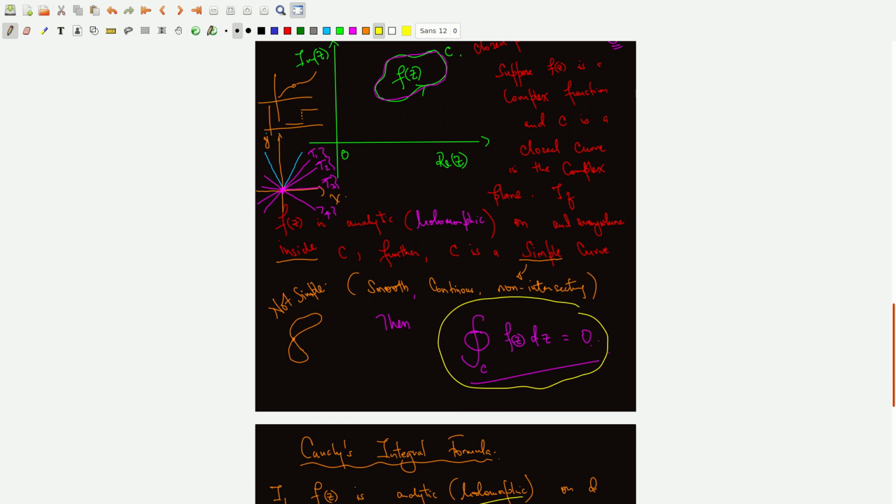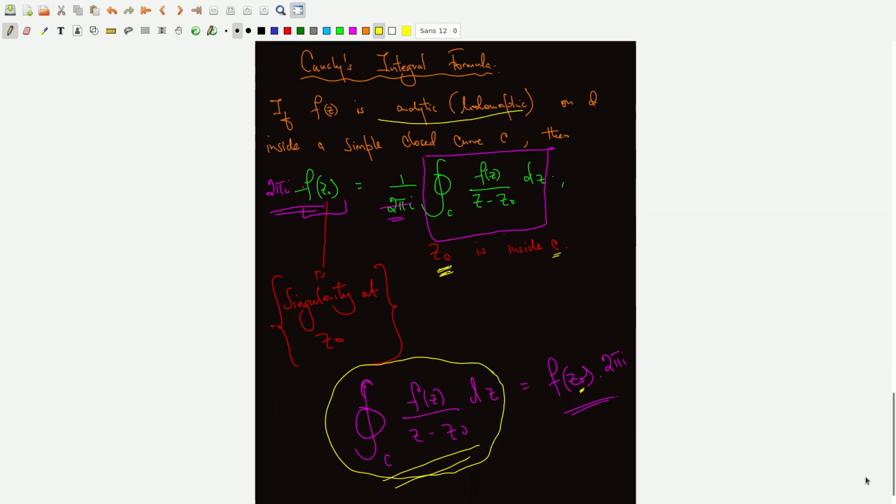So here, if it did not have any point anywhere inside C where it is singular, then the value of this integral will simply be 0. But since we know there is at least a point Z0 inside C which is singular, that means this integral is not going to be 0. However, if it was, then we simply use Cauchy's theorem. So the important thing to note is that our singular point has to be inside C.